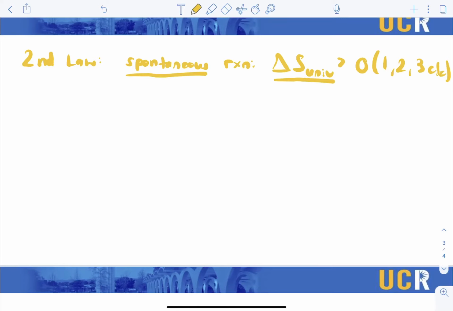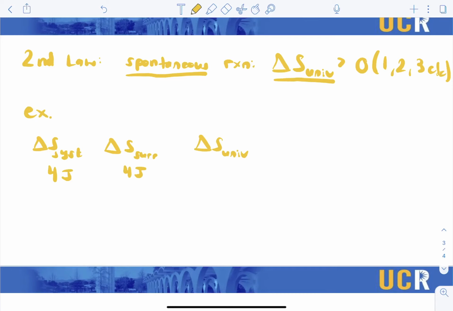So let's do an example. Let's say you have a delta S system, delta S surroundings, and delta S universe, and you're given some values. Let's say the system is 4 joules, and the surroundings are 4 joules. The question's asking, is this process spontaneous?